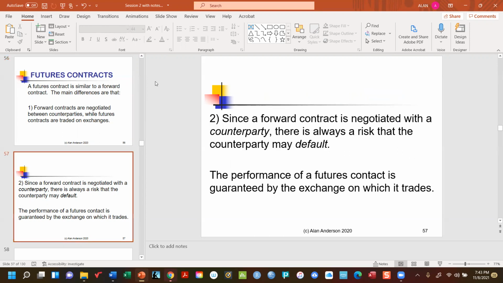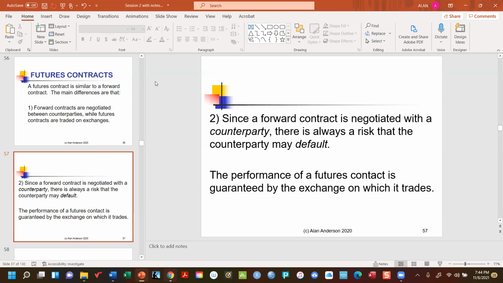Yeah, so as a forward contract is negotiated with a counterparty, there's always some default risk. Even the most prestigious investment banks can go out of business. It happened during the credit crisis of 2007 to 2008, when old-time brokerage houses or investment banks like Lehman Brothers and Bear Stearns did go out of business. And some of the others were bought up by others, like Merrill Lynch was bought out by, if I remember correctly, Bank of America.